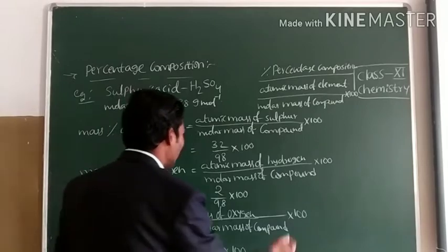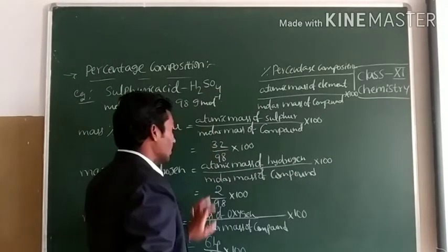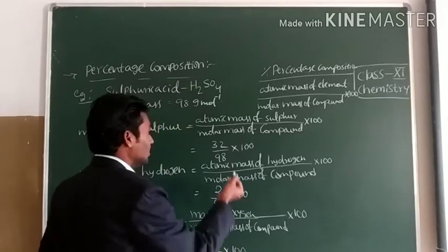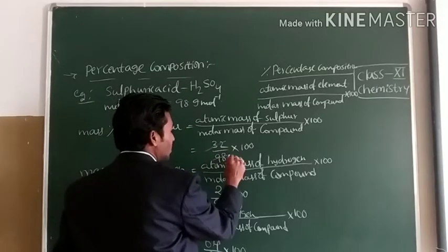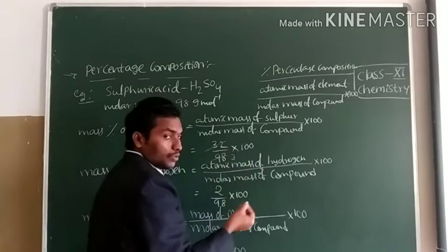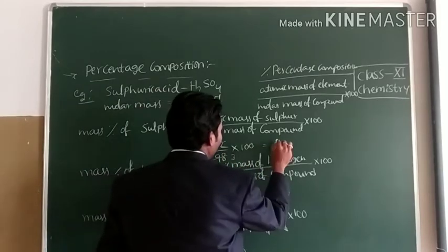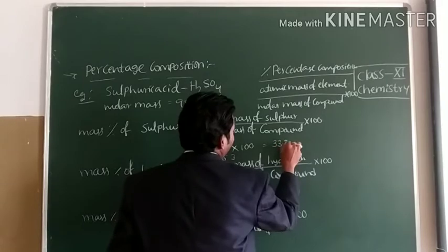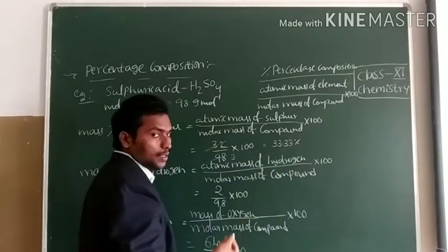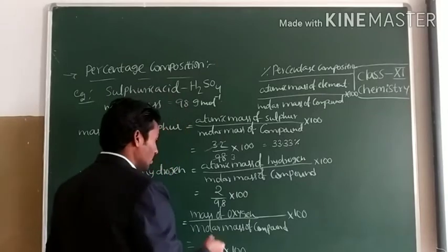Let's see then. 32 by 98, approximately 100 by 3, so 33.33%. We are considering approximate values, not exact values.